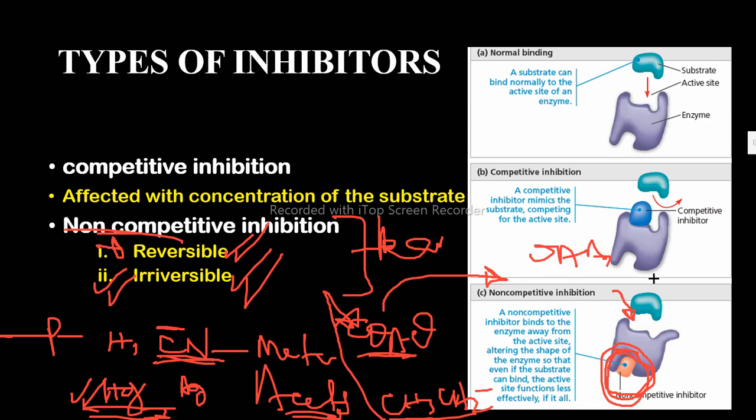But for that one to occur, this coenzyme, it is CoA, not coenzyme Q. Sorry for that. This coenzyme A, CoA, it must be there, it must be active so that it can combine with acetyl to form acetyl CoA.